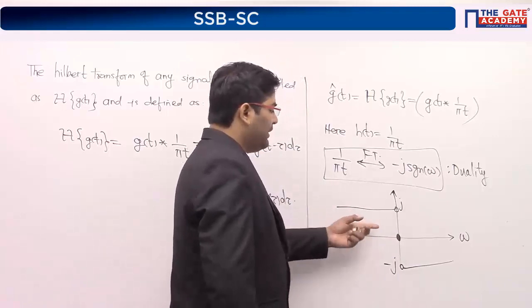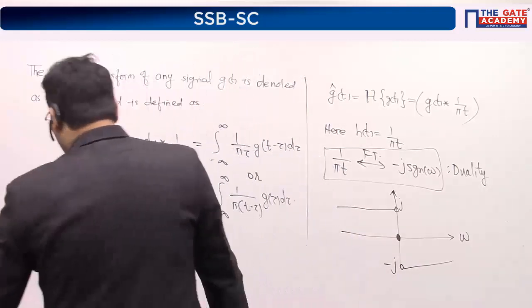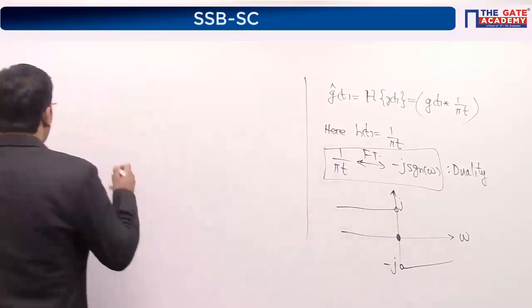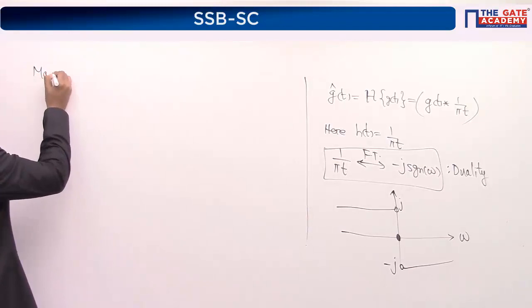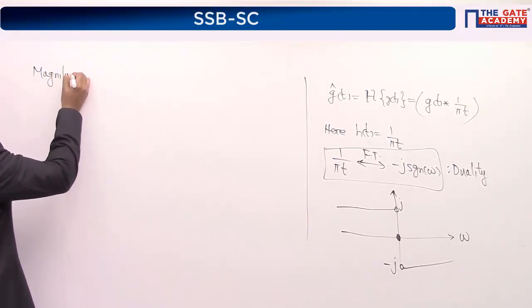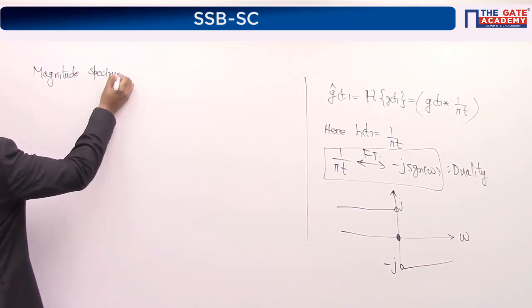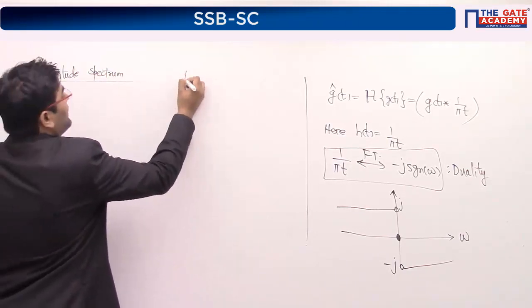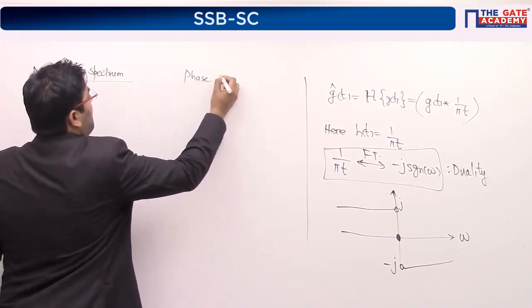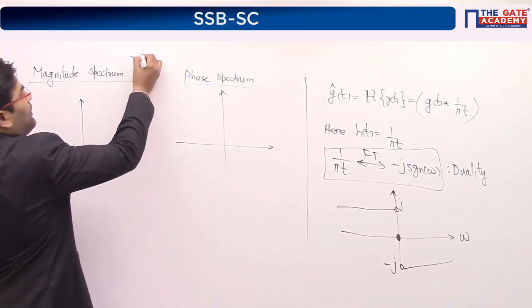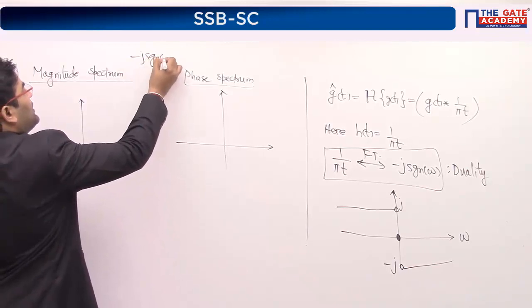Okay, this is clear? So this is the graph of minus j signum omega, but this is both magnitude and phase. Let's separate them out. So let me draw the magnitude and phase plots separately. The magnitude spectrum of minus j signum omega: you just have to take the mod.